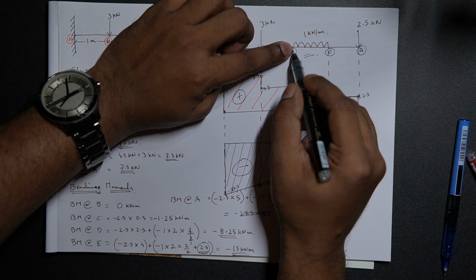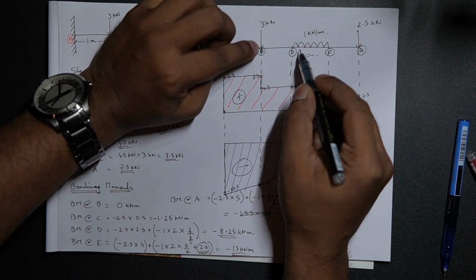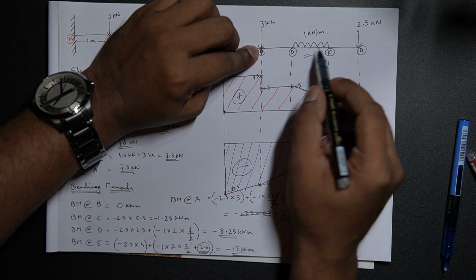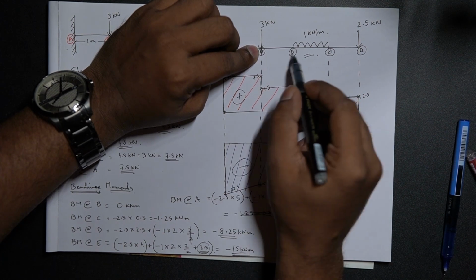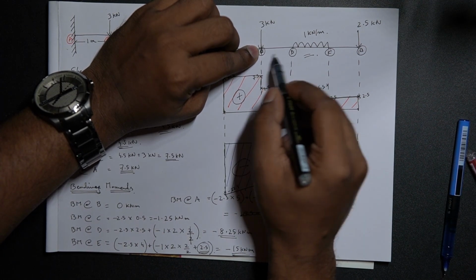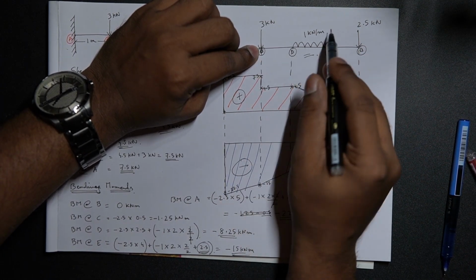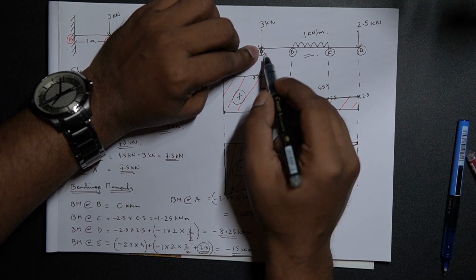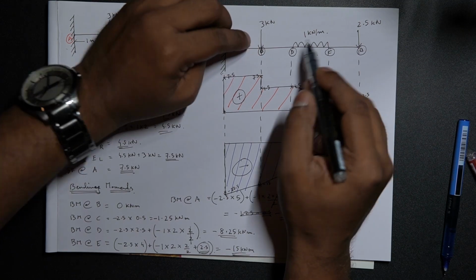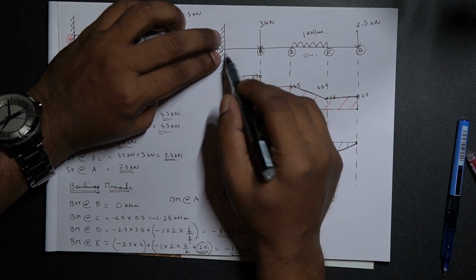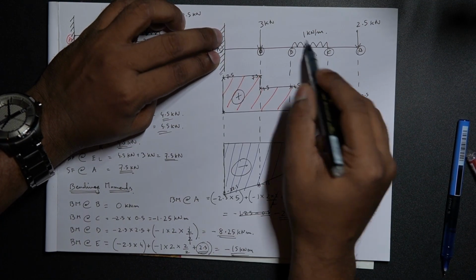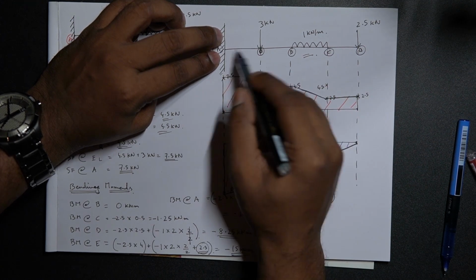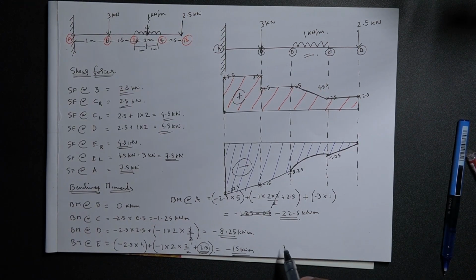This will give us the bending moment at point D. But to calculate the bending moment at point E, you need to add the extra lever arm distance. So it's WL squared by 2 plus the remaining distance over here. So it has to be taken care that the extra distances are considered. If it is the bending moment at A, again it is WL squared by 2 plus the extra distances you are considering over there.